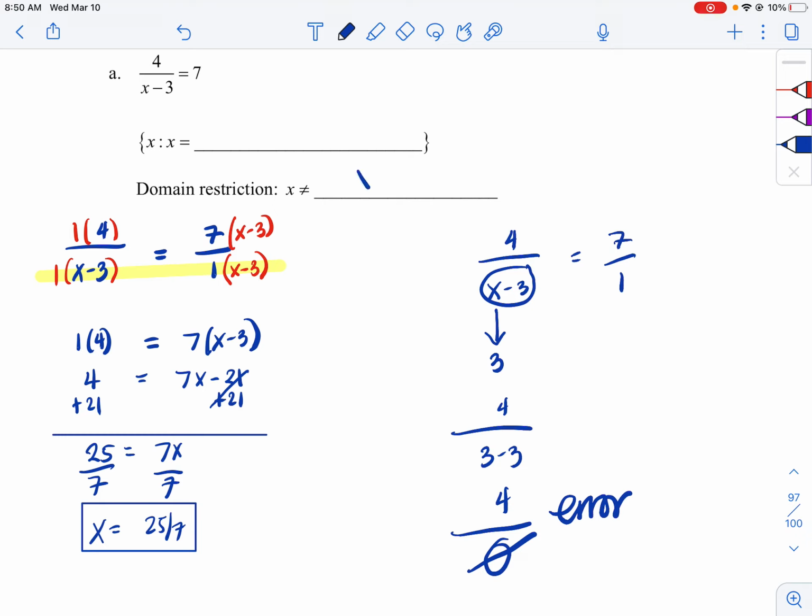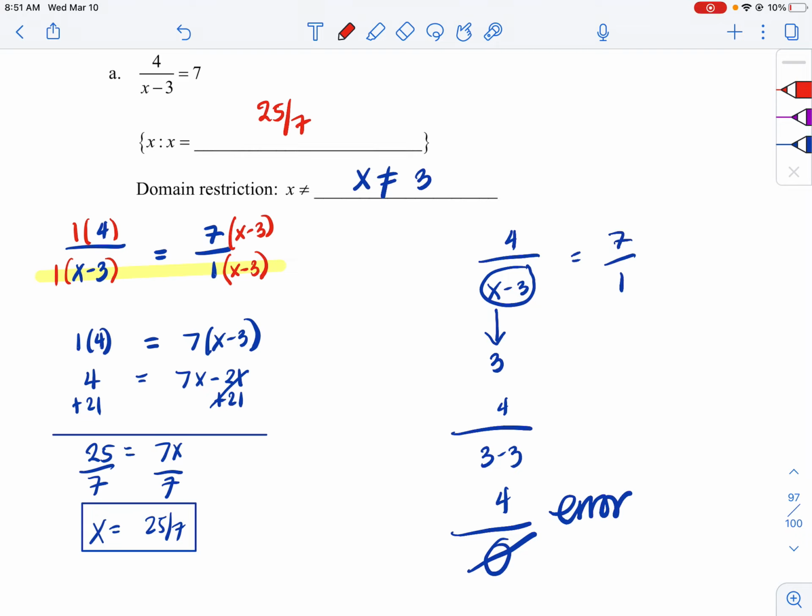So our domain restriction is that x can be anything, but it cannot be a 3, because it will make our whole equation undefined. Now, for checking, you're just going to have to ask yourself one question. I have a domain restriction that x cannot be a 3. Is my x a 3? No, it's not. Therefore, 25 over 7 is our final solution.